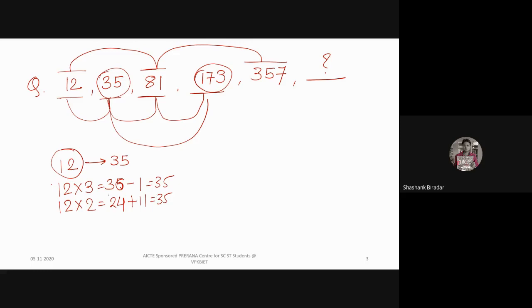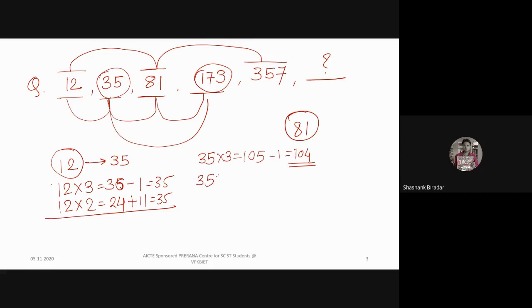Then I will apply the same strategy to 35. So 35 multiplied by 3, 5 threes are 15, 105, minus 1, 104. No, we do not have this figure at the third place. We have 81.